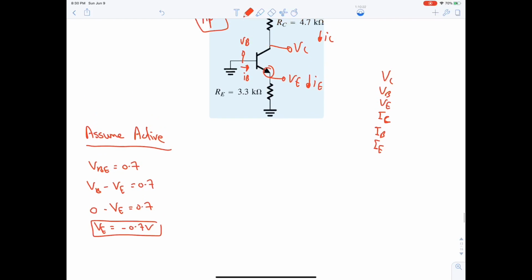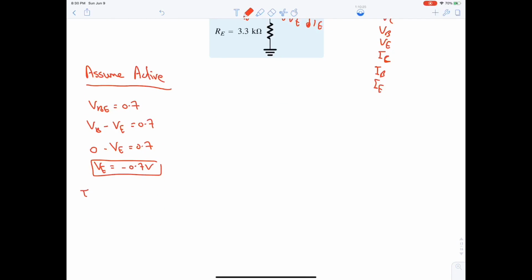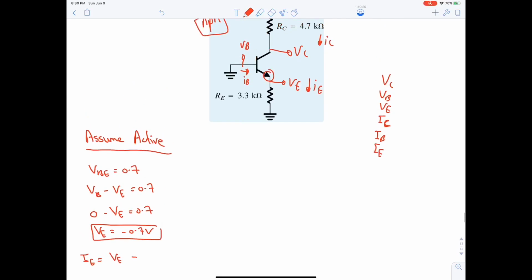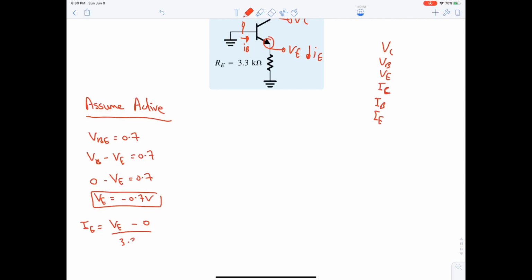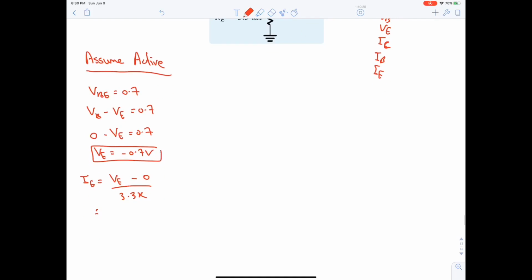So VE is equal to minus 0.7. After finding VE, we need to find IE. IE is equal to VE minus 0 divided by 3.3K. VE is minus 0.7 and 3.3K.